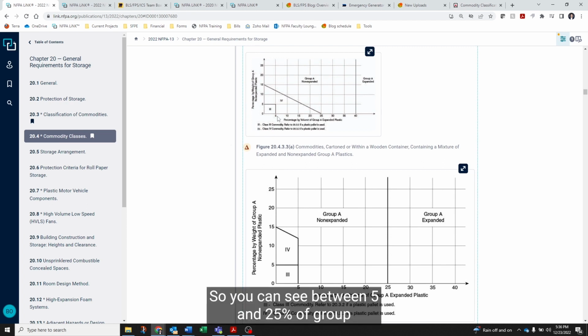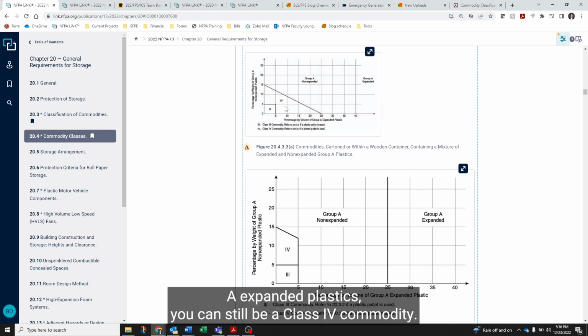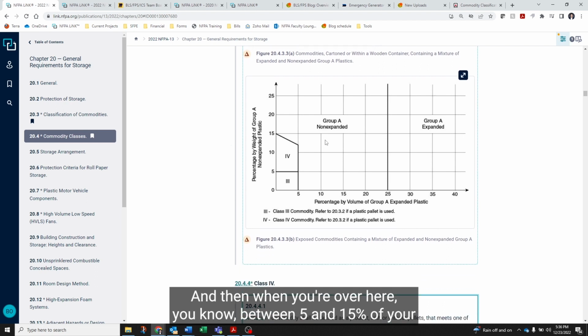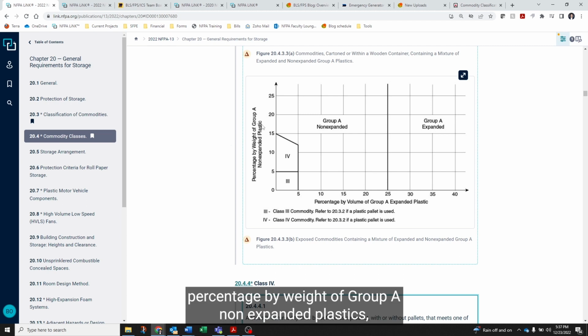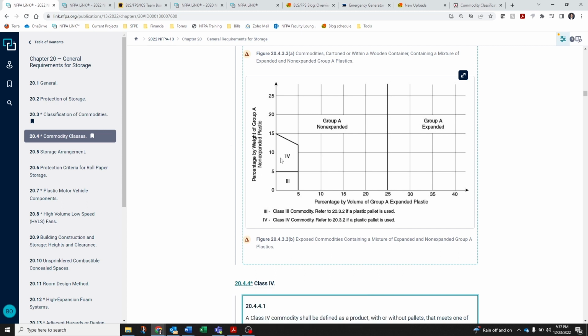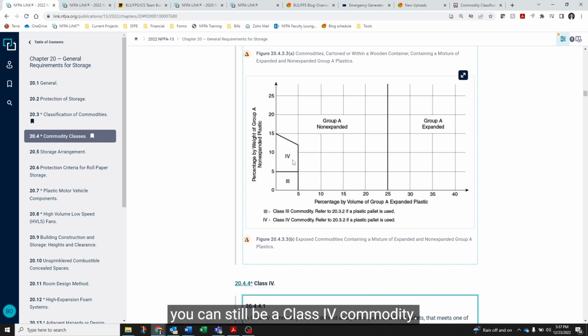So you can see between 5 and 25% of Group A expanded plastics, you can still be a Class 4 commodity. And then when you're over here, between 5 and 15% of your percentage by weight of Group A non-expanded plastics, you can still be a Class 4 commodity.